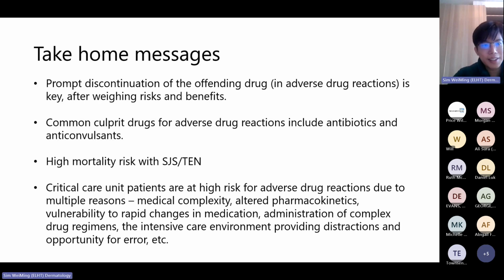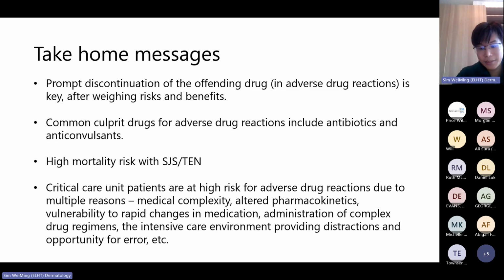So if anything, the take-home message is you need to promptly discontinue the offending drug if you're suspecting that there's a drug cause to the rash that you're seeing. I mean, obviously it's tricky, but if you look at it and you really heavily suspect that, you do need to stop it.